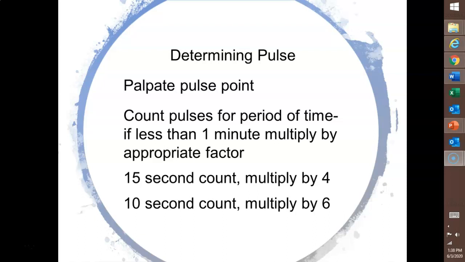Now, no one wants to stand around for a minute, 2 minutes, 5 minutes to simply count. So you count for a specific period of time and then multiply by the appropriate factor. So if you do a 15-second count, you multiply by 4. If you do a 10-second count, you multiply by 6. And that gives you how many beats per minute.